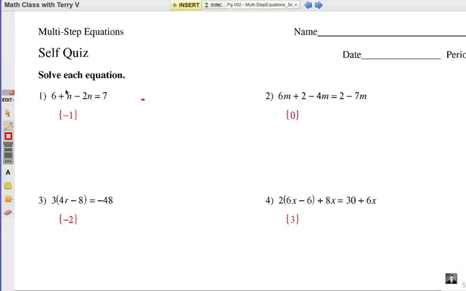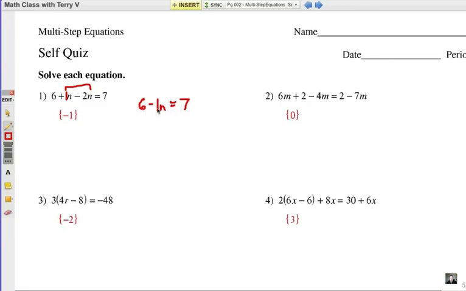Number one, we want to combine these like terms here. So we're going to, of course, start with 6, and then n minus 2n. That's really a 1n minus 2n. So that gives me a minus 1n when I combine those, and that equals 7. And I consider the 6 a free number, meaning that it's on the variable side of the equation, but it is free from the variable.